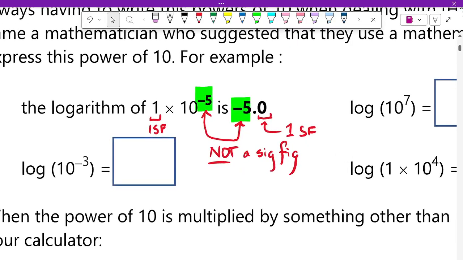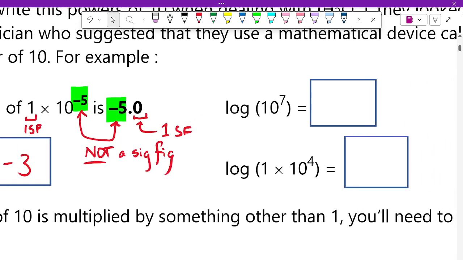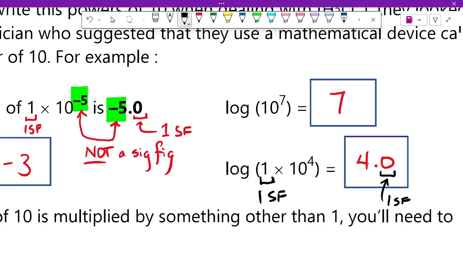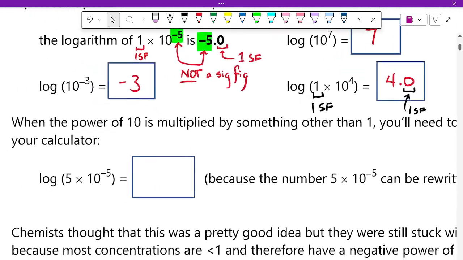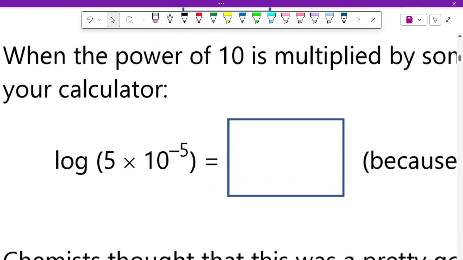In your head, can you do this? Log of 10 to the negative 3. It's just negative 3. That's how logs work. So what is the log of 10 to the 7? 7. And what is the log of 1 times 10 to the 4? 4.0, because we have our 1 sig fig and our 1 sig fig. Now, if we have a different coefficient in front of the power of 10, could you please chuck that into your calculator and tell me what you get?